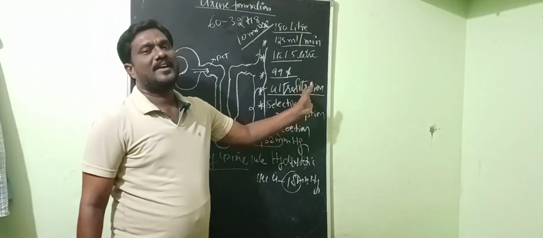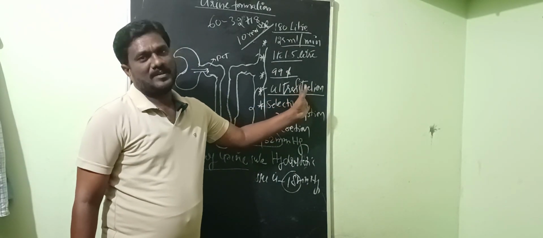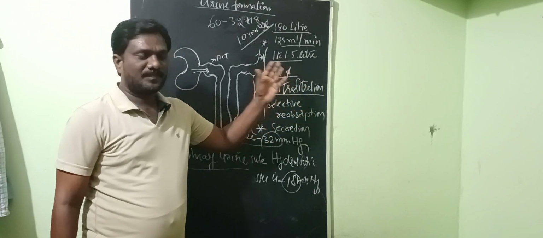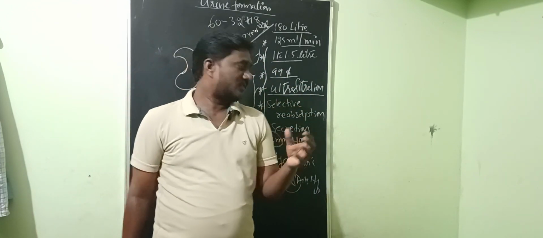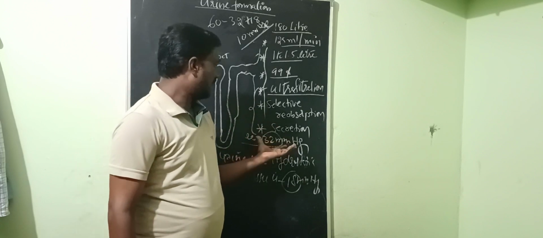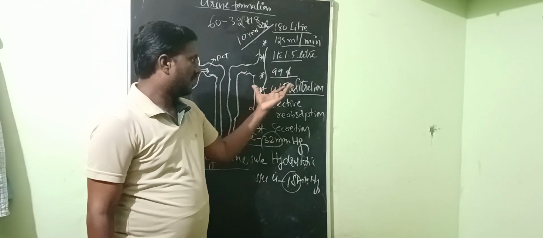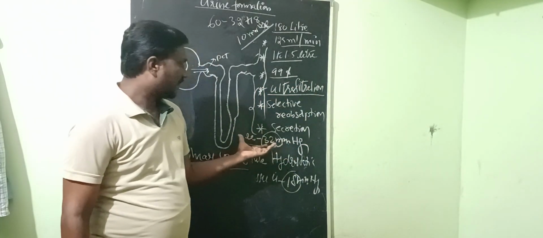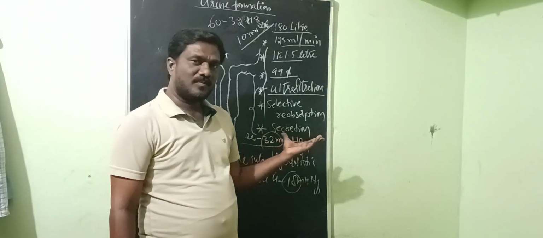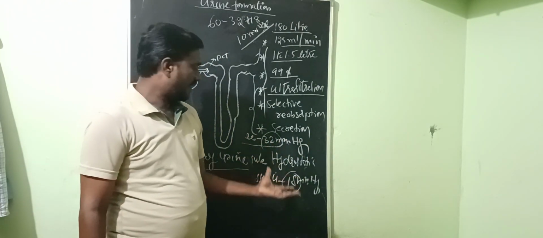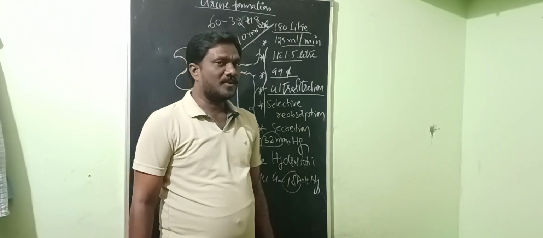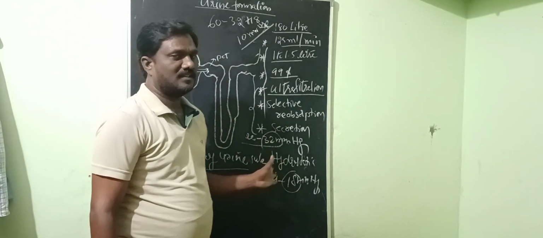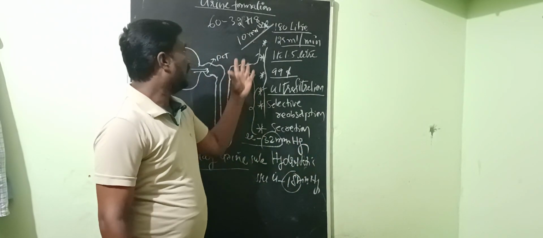So ultrafiltration means the hydrostatic pressure of blood flowing through the Bowman's capsule, 60 mmHg, is opposed by the osmotic pressure of the glomerulus and the hydrostatic pressure of the Bowman's capsule. The net filtration pressure is 10 mmHg.